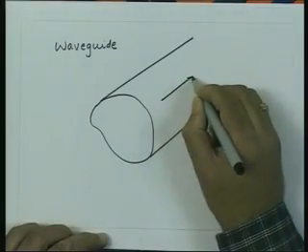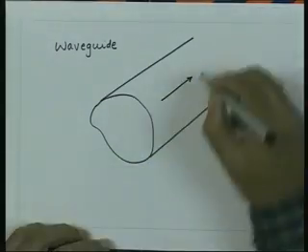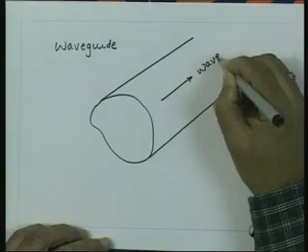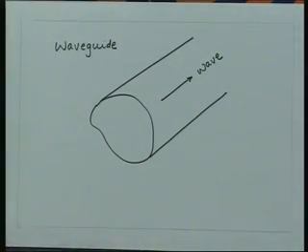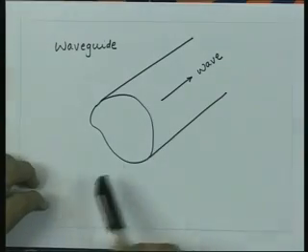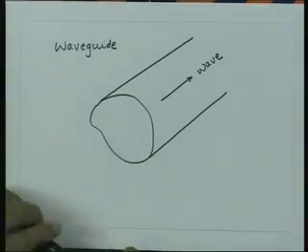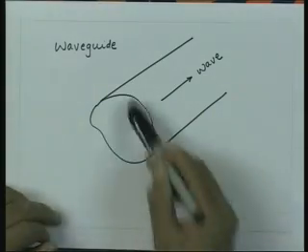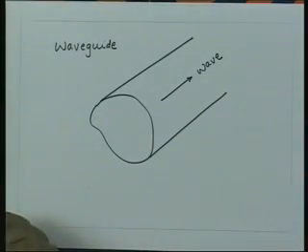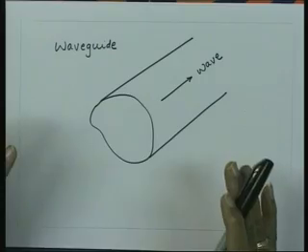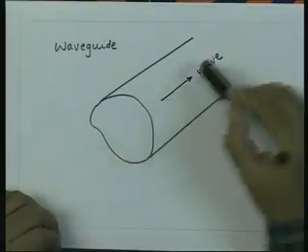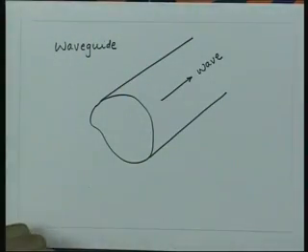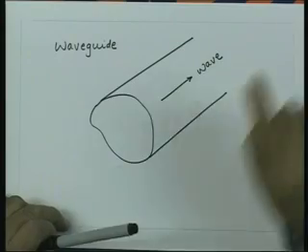So, there is a wave propagation in this direction, and at the moment I am not even defining any shape for the cross section. It could be rectangular, it could be circular, or in general it could be as arbitrarily shaped as shown here. The only information I want to use for this analysis is that the wave is going to propagate in this direction, which is the axis, and without losing generality I can say this direction is the z direction.